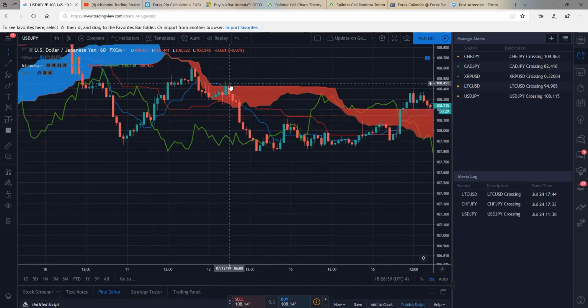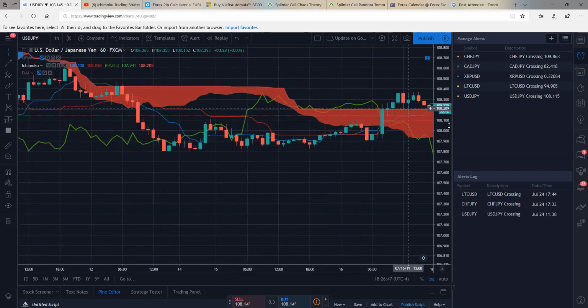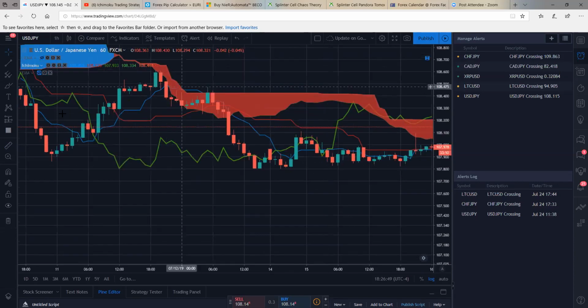Over here, we have a red candle. This one would have fooled you right here because this one is a large candle trying to push through the top. That kind of fooled you. Not every trade you will win, but it would have fooled you by 4 points.